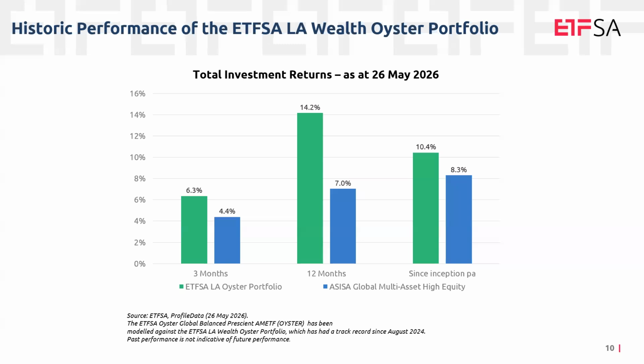And when you're investing in a global product such as this Oyster AMETF, what you will find is that when the rand strengthens, as it has over the last 2 years, your returns in rands are therefore lower. When the rand weakens, you will find that that boosts your returns in rand terms. So effectively, what you're seeing here is the impact also of the currency.